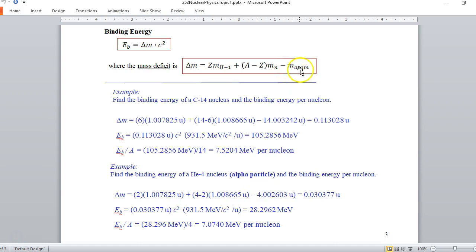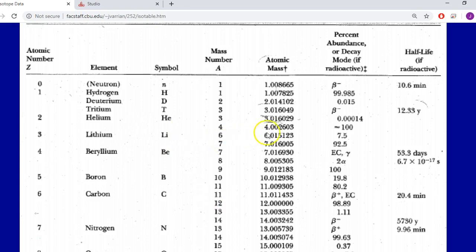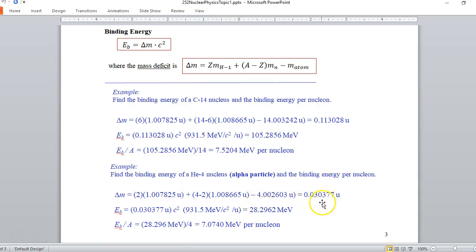Now we want the mass of the atom of helium-4, so I looked up the mass of helium-4 right there. I put it in right there. I get a mass deficit of 0.030377 U. I multiply by c squared and my handy conversion factor, and boom, I've got my binding energy, 28.2962 MeV, to break up an alpha particle.